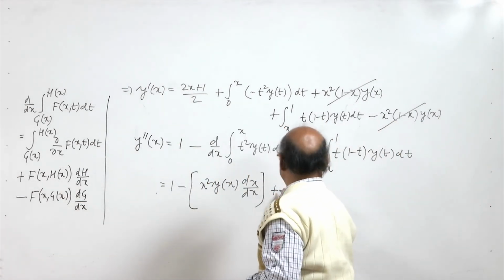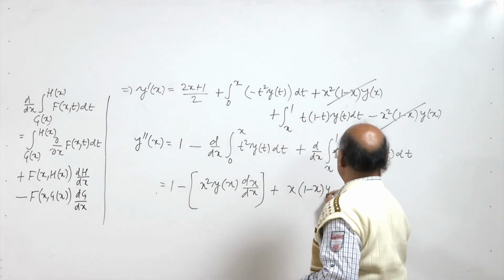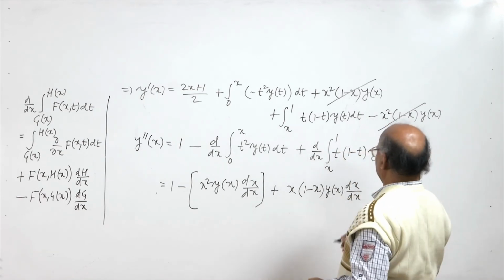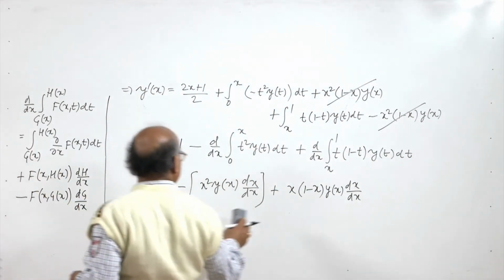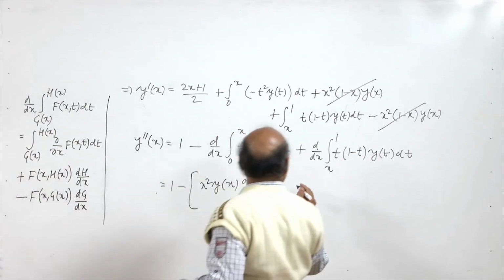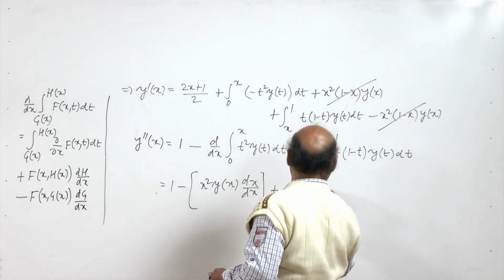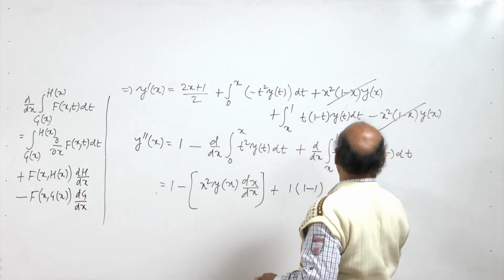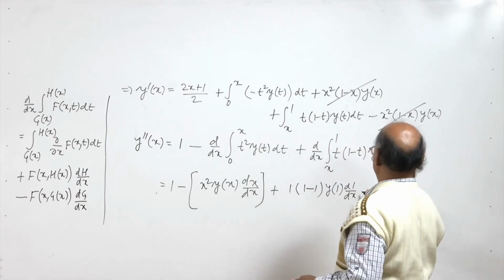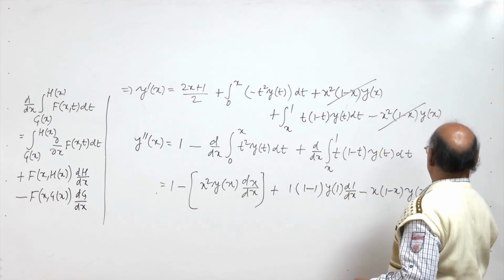So, we can write it as x into 1 minus x by x dx over dx, and then when we put the upper limit, we get 1 into 1 minus 1, because the upper limit is 1, by 1 into d1 over dx, minus x into 1 minus x into y by x into dx over dx.